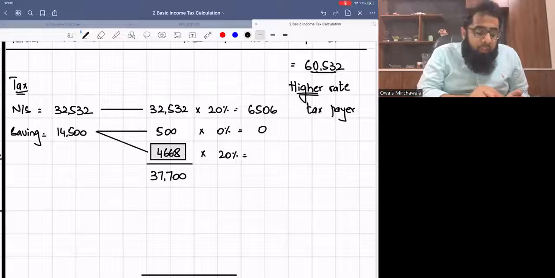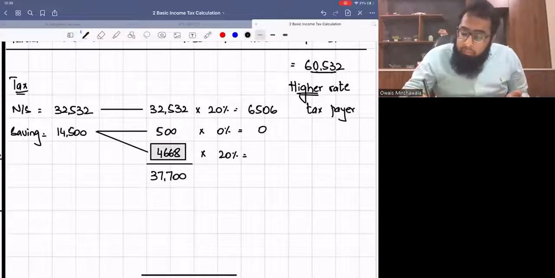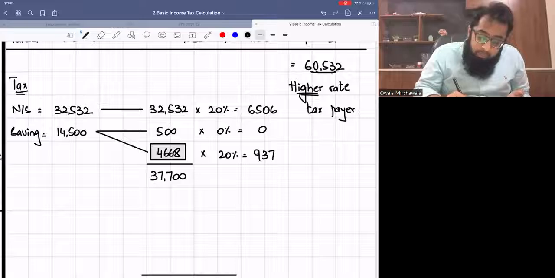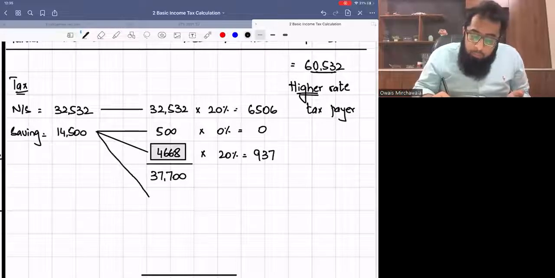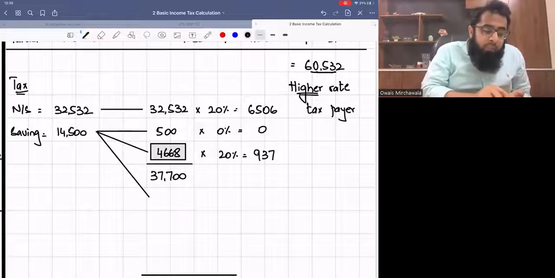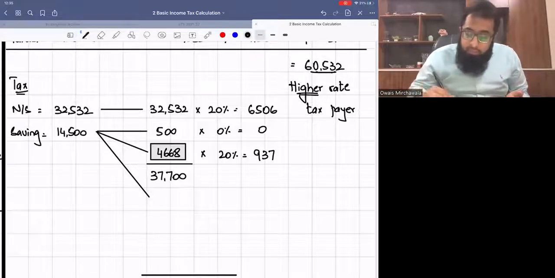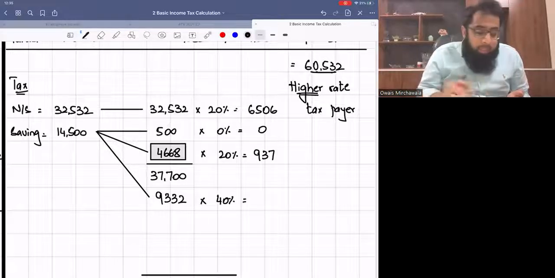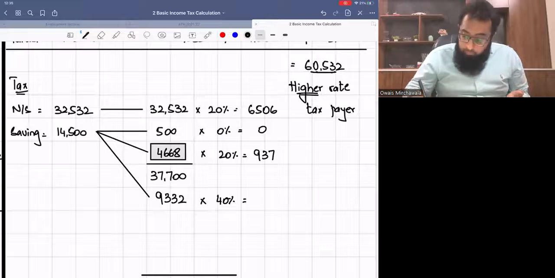So saving income tax rates are same as non-saving. And the last one will be 14,500 minus 500 minus 4668. On 9332, we will apply higher rate of tax, which is 40%. So this is 3733.